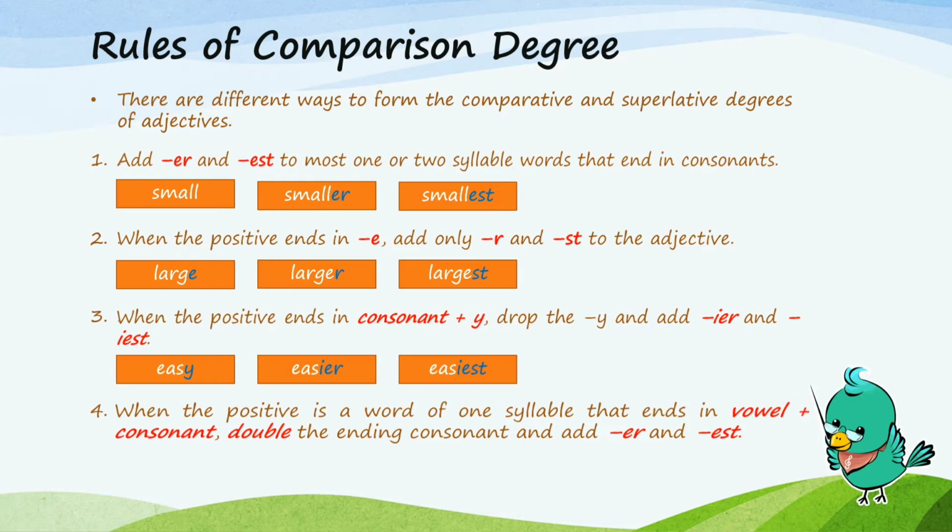When the positive is a word of 1 syllable that ends in vowel first consonant, double the ending consonant and add er and est. For example, big, bigger, biggest.